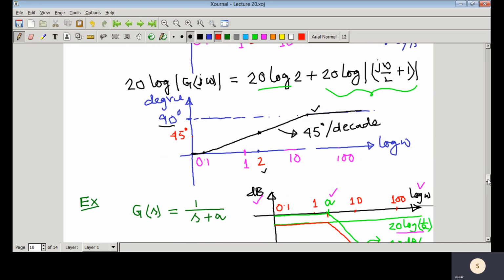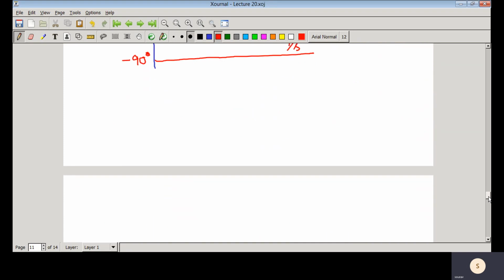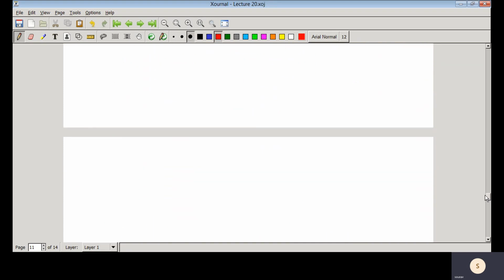Now let us see, suppose one transfer function is given.